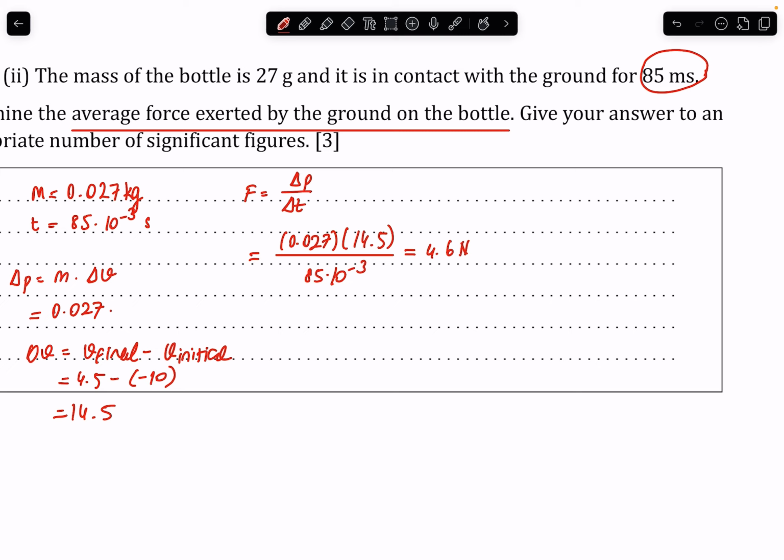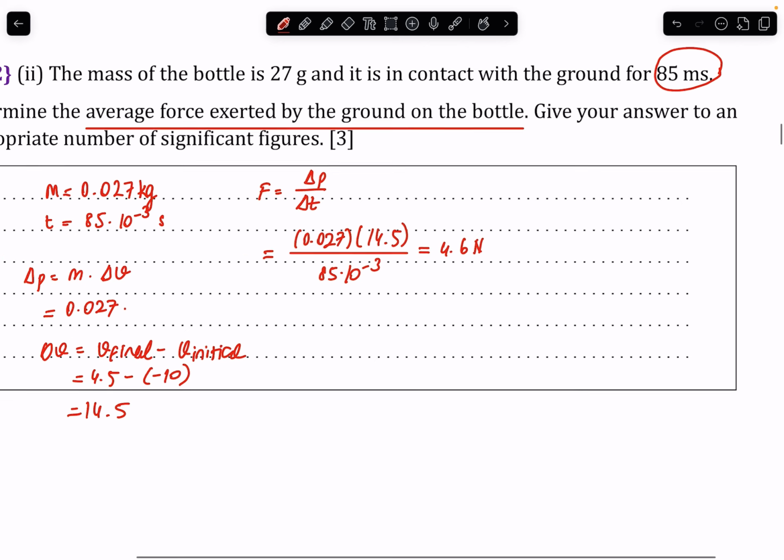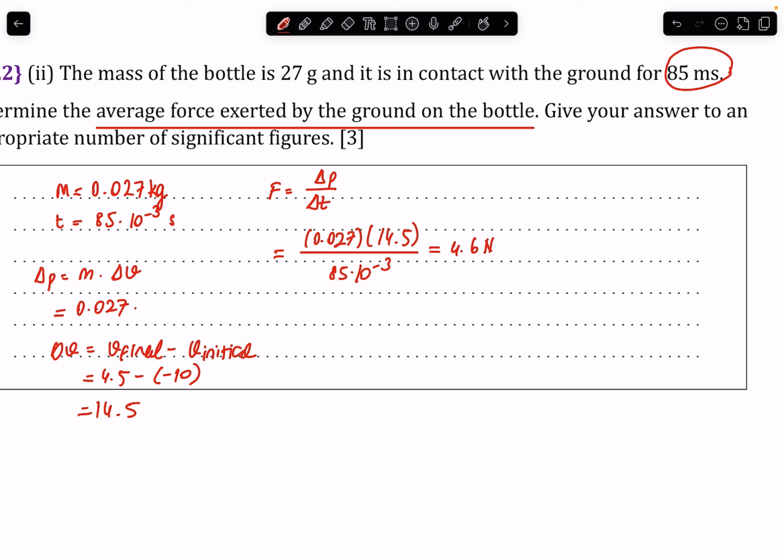And I was confused about this for a while too, because it asks us the average force exerted by the ground on the bottle. So we also have a normal force that is not taken into consideration if we leave the question here. And the normal force is mass times 10. So 0.027 times 10 is 0.27.